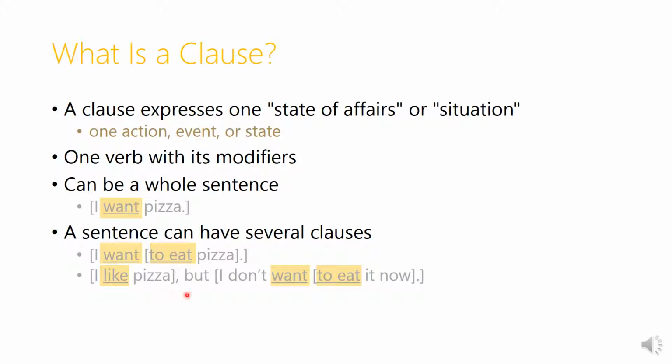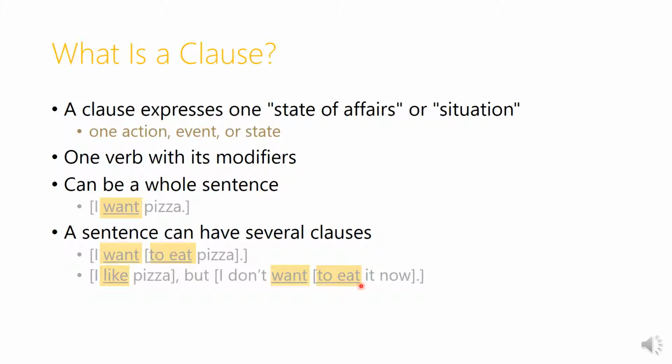In this last sentence here, we can see two clauses set side by side with a conjunction, but. I like pizza, like is a verb, and I and pizza are telling us more about that liking. But, now another clause, I don't want, another verb, to eat it now. And you can see there's another nested clause in there describing what it is we want.